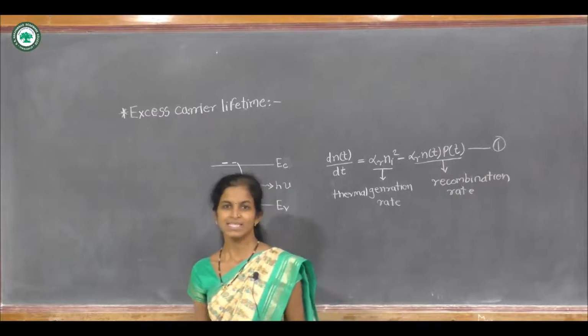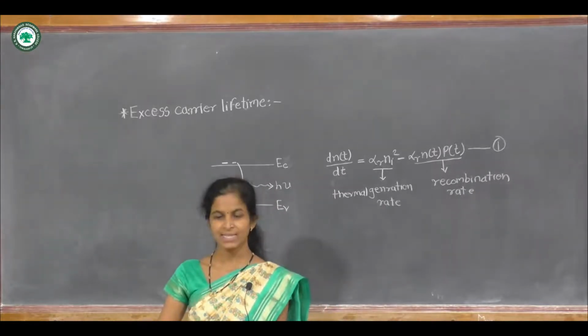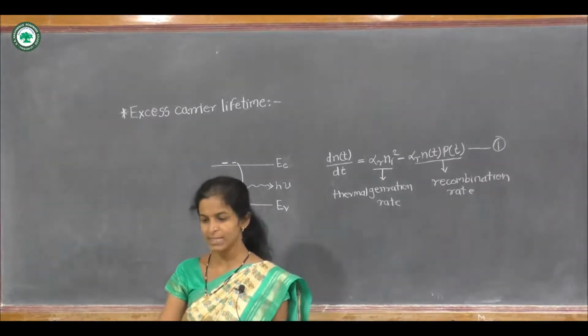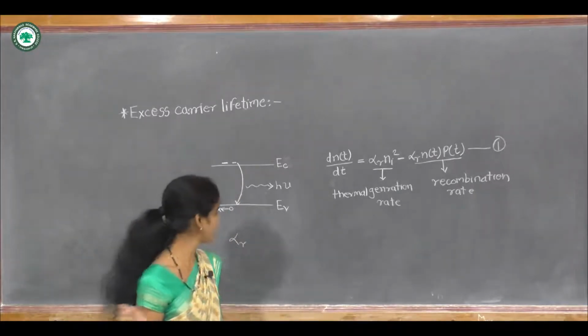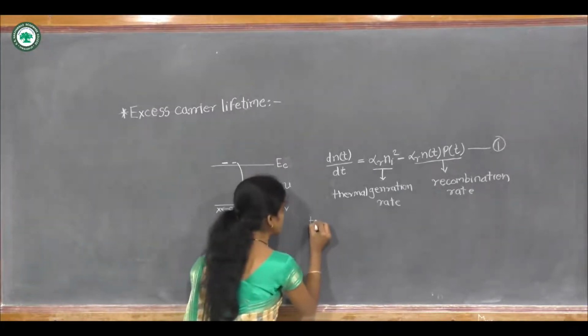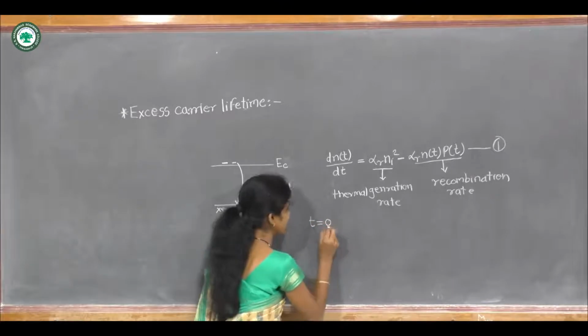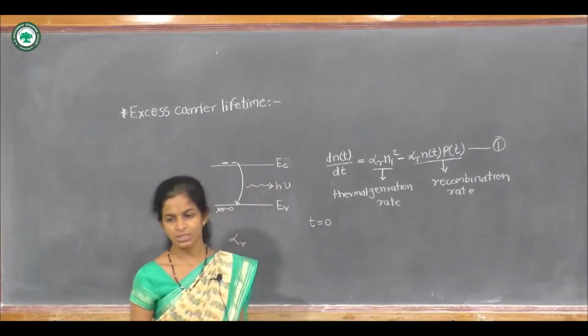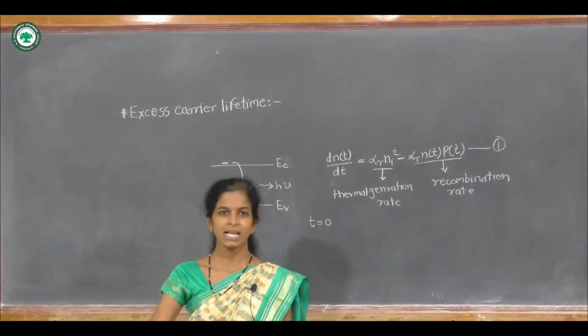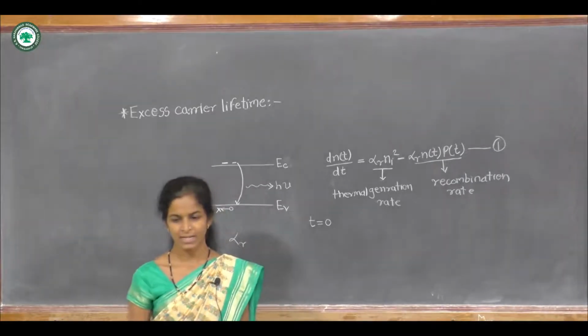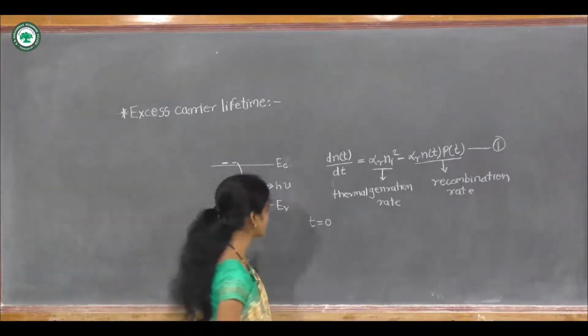Let's assume the excess electron-hole population is created at time t equal to 0. So at time t equal to 0, the initial excess electron and excess hole concentrations are equal.